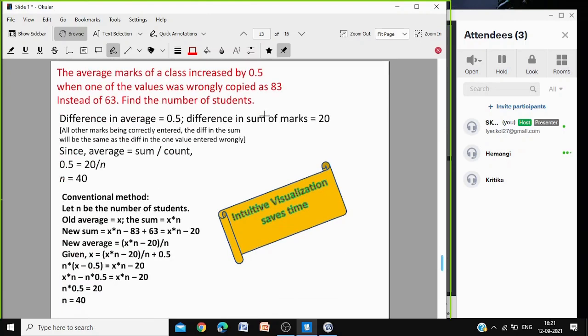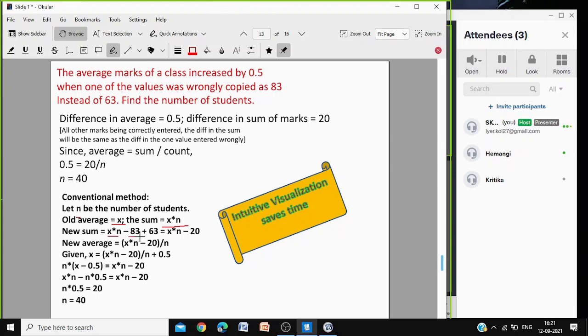Okay. Now this is the normal method. If you are doing it by the normal method, you will say n is the number of students. Then the old average is x, the number of students is n, so the total will be x into n. Now the new total will be x into n minus 83.